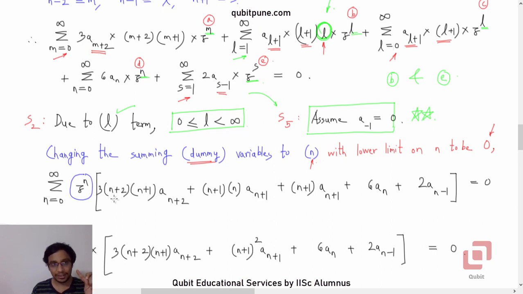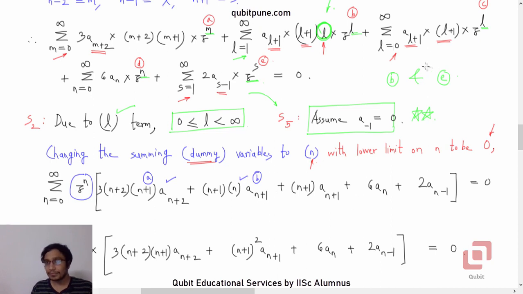Okay, now let us start writing down every coefficient. Go to A. What is the coefficient? 3m plus 2 into m plus 1 into a m plus 2. Put it here: 3n plus 2 into n plus 1 into a n plus 2. Done. Go to B. Okay, a l plus 1, a n plus 1, l into l plus 1, n into n plus 1.